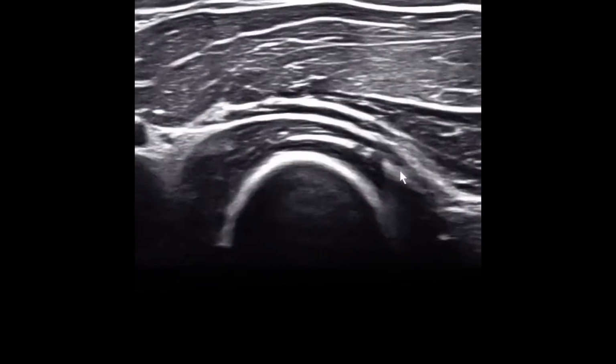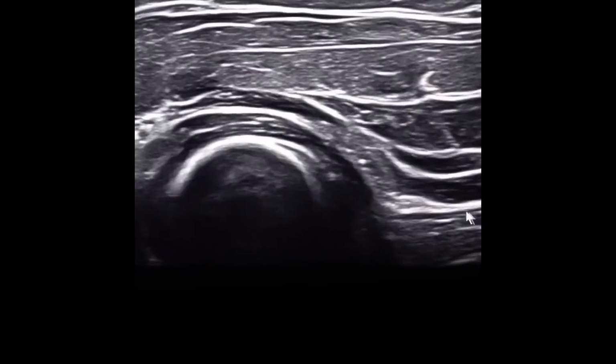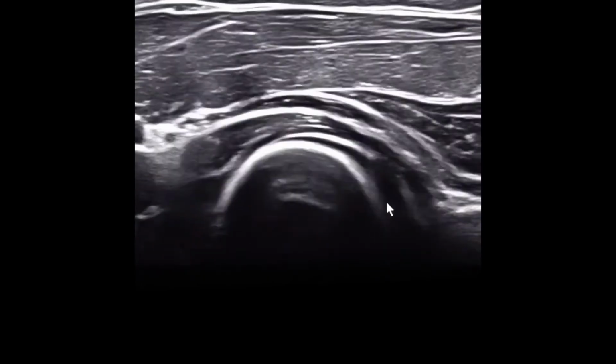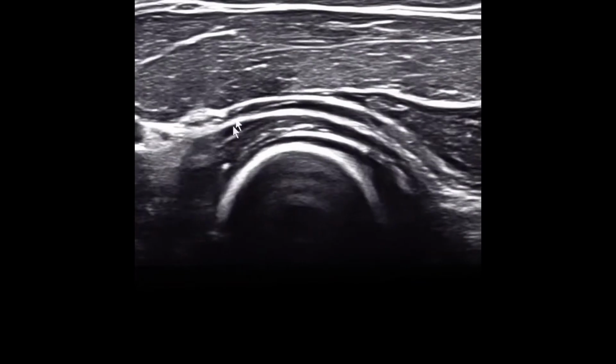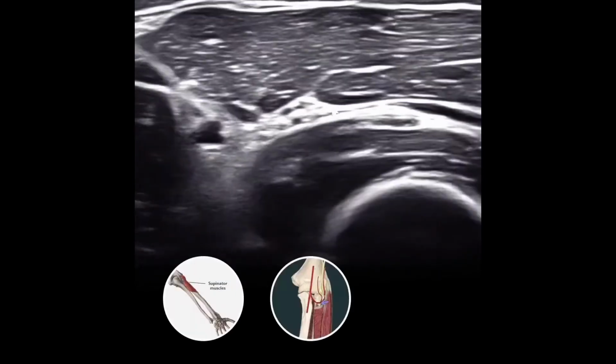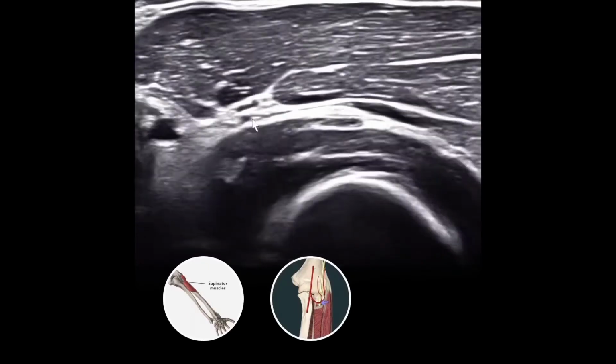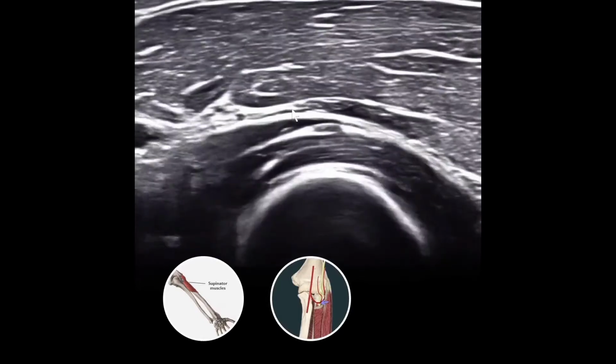Here it travels, splits into 2 smaller branches, and disappears lower down the forearm. So this space here is the radial tunnel inside the supinator, and this is the arcade of Frosch. This is called arcade of Frosch. This is where the posterior interosseous nerve gets pinched and compressed.